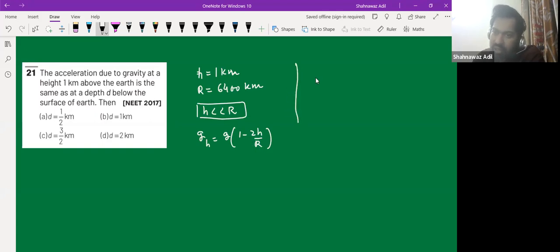And for depth, for any case, as we have just seen, we can use g depth as g, 1 minus d by R. This is applicable for every depth, but the other one is only applicable for small heights. Now the height is only 1 kilometer, so we can use both.